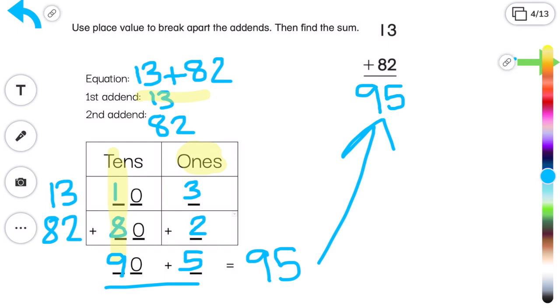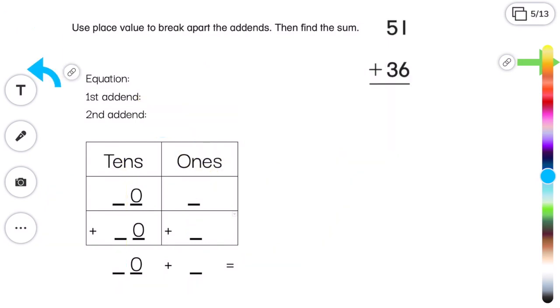Now let's do the next one. Here's our new equation, 51 plus 36. The first add-in is 51. The second add-in is 36.